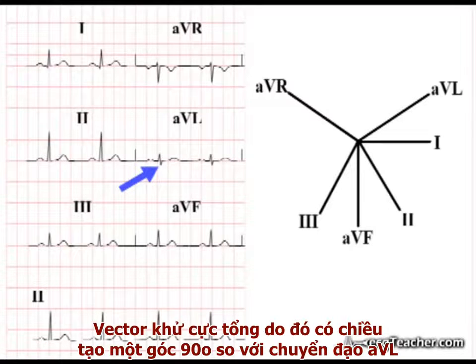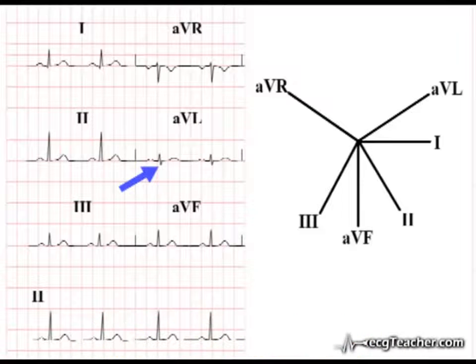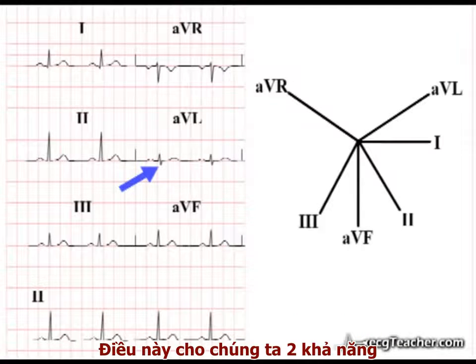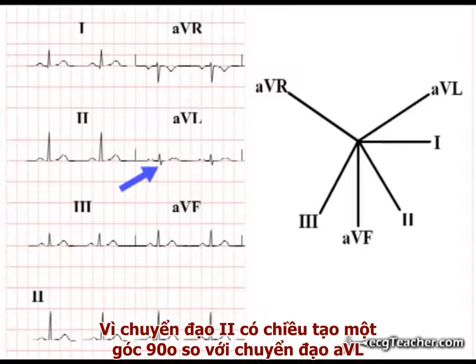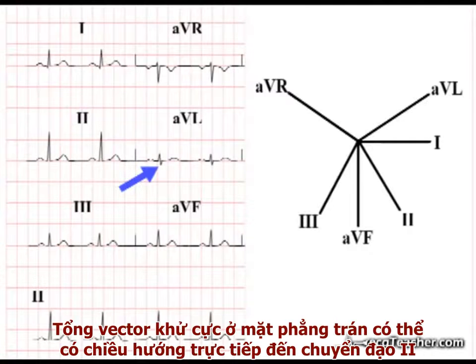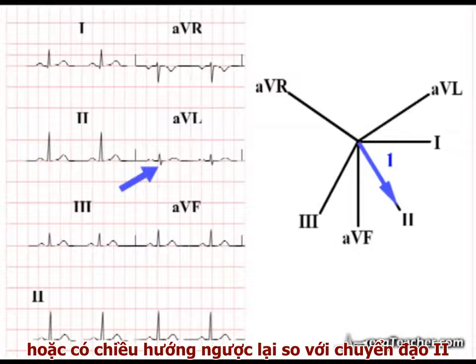The total vector must be traveling at 90 degrees relative to that lead. This gives us two possibilities. As lead 2 lies at 90 degrees relative to AVL, the total frontal vector may be traveling towards lead 2 or traveling directly away from it.